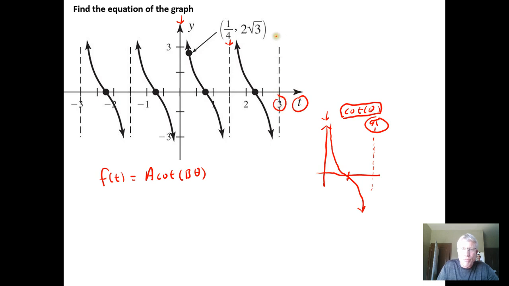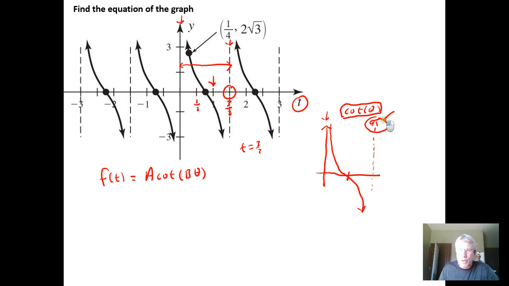The first vertical asymptote is located at, this is 1 right here. There's a 1, so these are broken into 1/2, so this is 3/2 right here. So when t equals 3/2, we get the first vertical asymptote to the right of the y-axis.